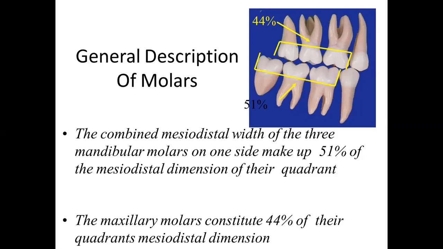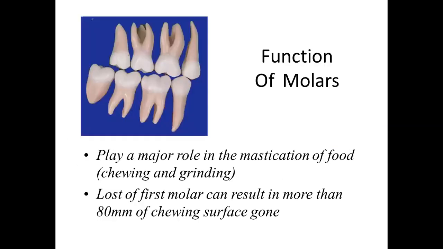So, if we see the mesodistal dimension of maxillary first molar, second molar, and third molar of one quadrant, that is either from the right or from the left, one side, it is 44% of the entire quadrant. However, in cases of mandibular molars, it is about 51% of one quadrant. So, mandibular molars are larger in mesodistal dimension in comparison to maxillary molars. This is the one trait difference in the maxillary and the mandibular arch.